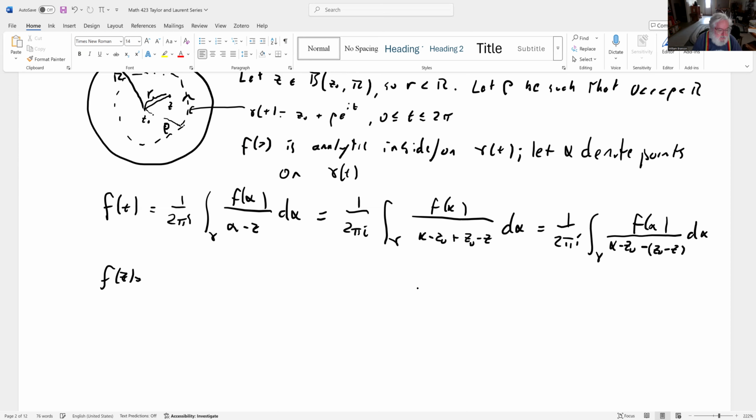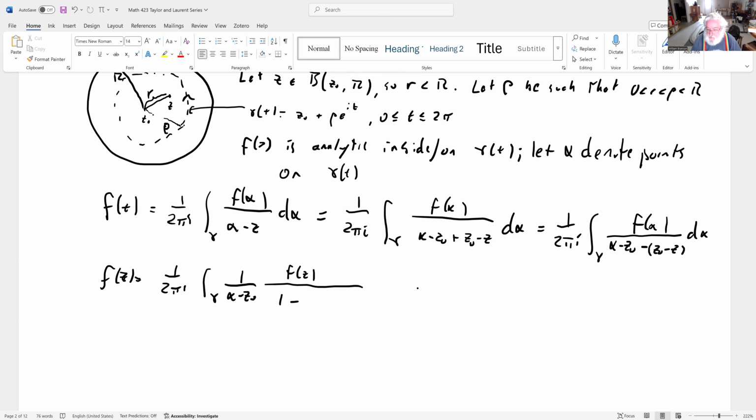f of z is 1 over 2 pi i, integral around gamma. I'm going to factor out a 1 over alpha minus z0. That'll leave me with an f of alpha over 1 minus... Oh, I got my signs wrong.